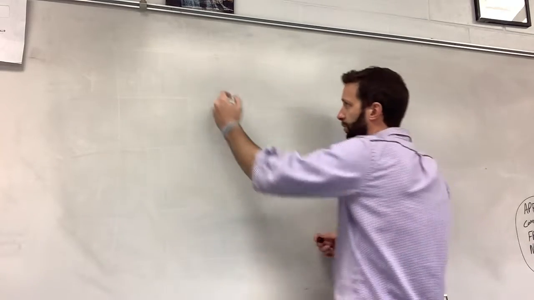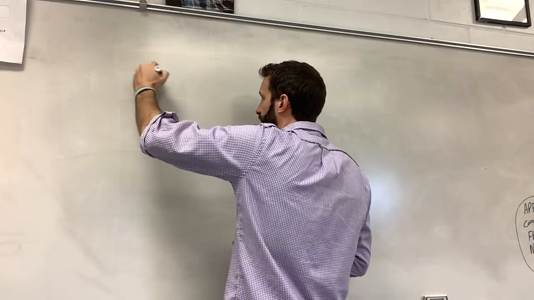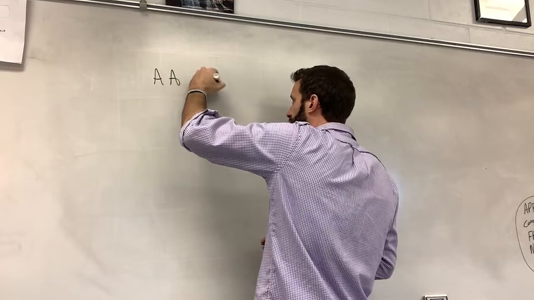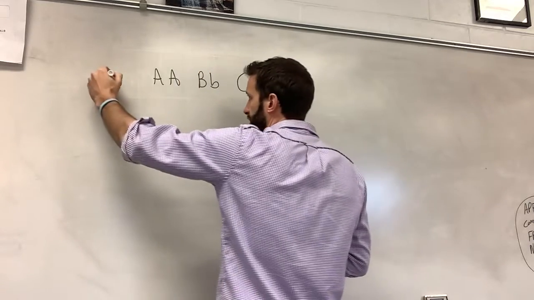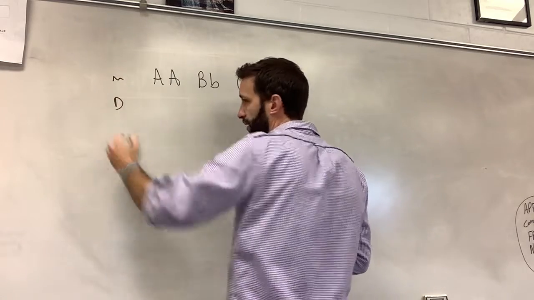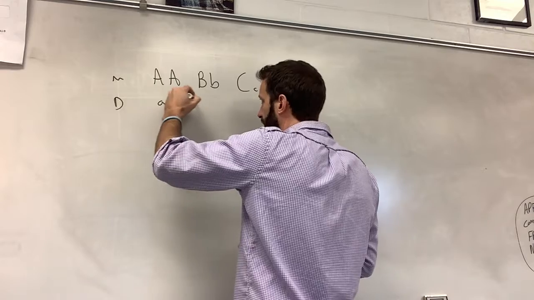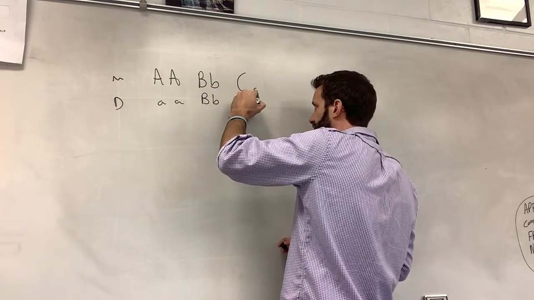So let me give you an example. Let's say you have a parent that has big A, big B, little b, and big C, little c. Let's say that's mom. And then dad, let's say that dad is little a, big B, and little c.